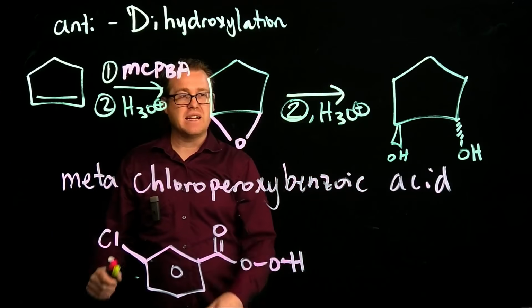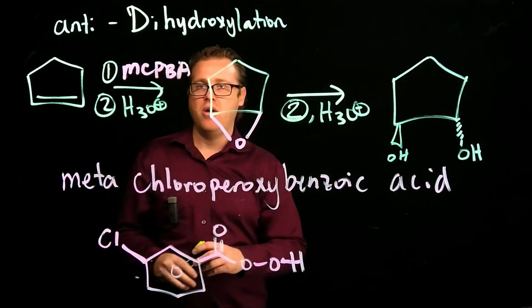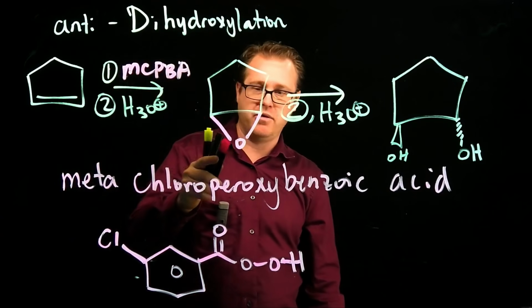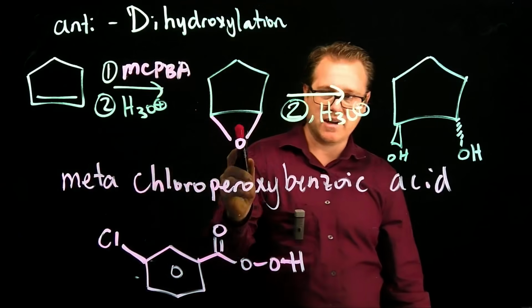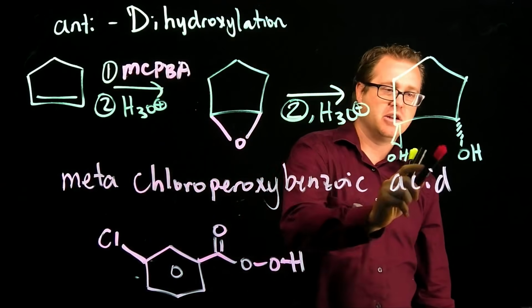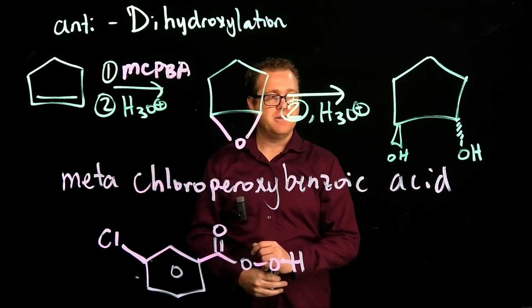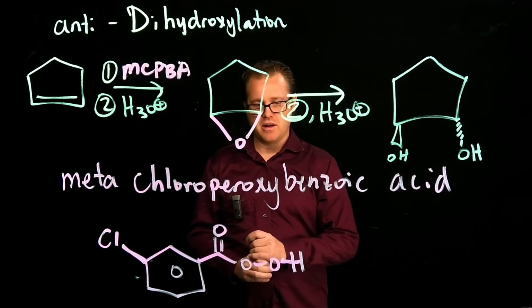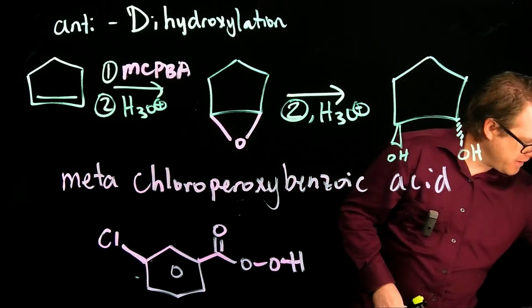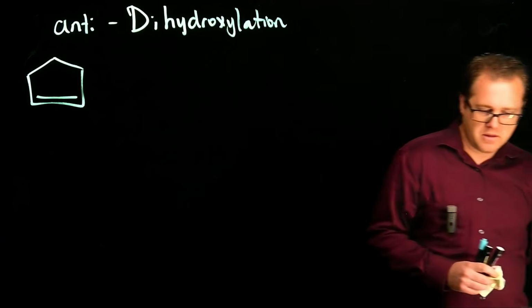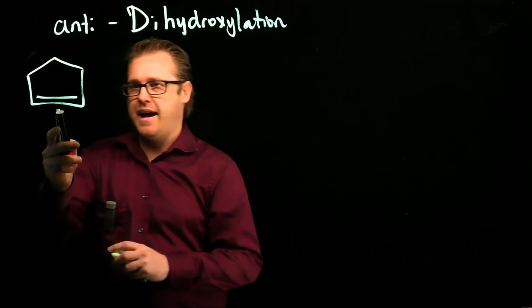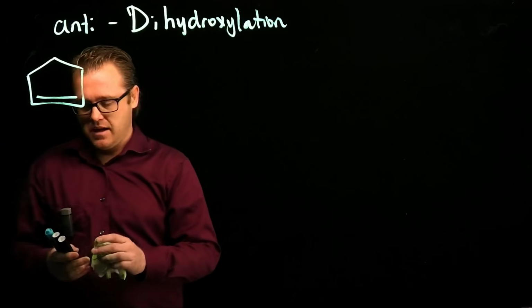So now let's look at the mechanism of how MCPBA turns the alkene into an epoxide, and then how the epoxide, when treated with some acid, turns into the dihydroxylation product. So let's take a look at the first reaction where we're treating the alkene with the peroxy acid.